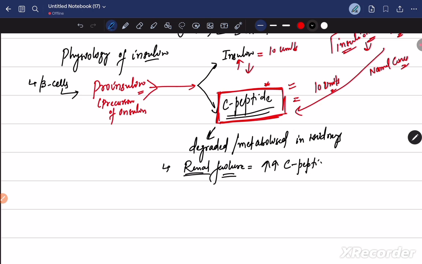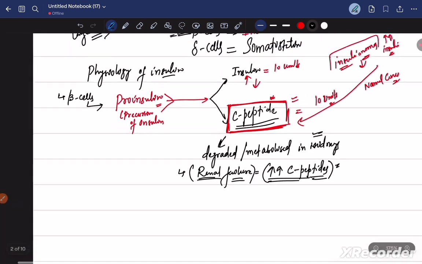Why? Because the C peptides are normally metabolized in the kidneys, and whenever there is abnormal functioning of the kidney, these C peptides would not be metabolized, so their concentration will increase. So you have to remember this.